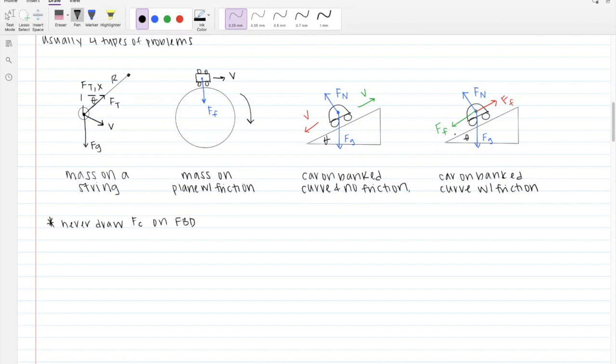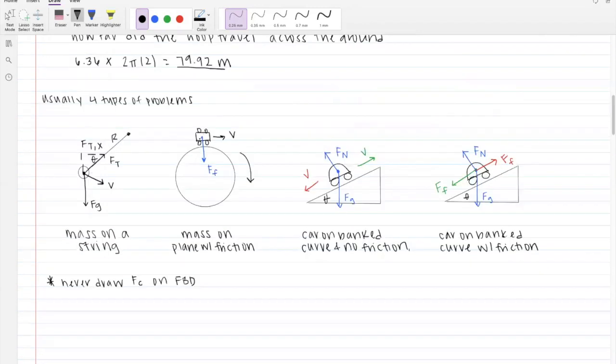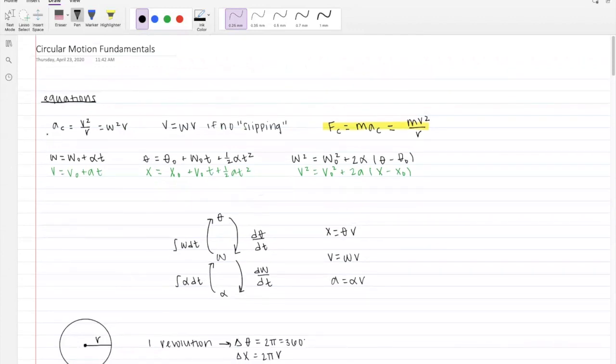Therefore, your unbalanced forces create an acceleration because F is equal to ma. The only thing that makes centripetal acceleration special is that because we are moving in a circular motion, that centripetal acceleration can be re-represented as a constant velocity squared over some radius.